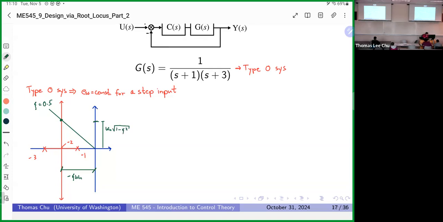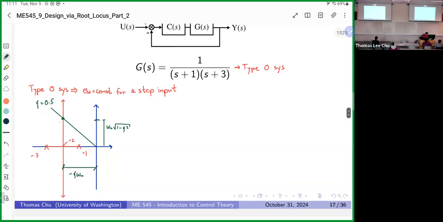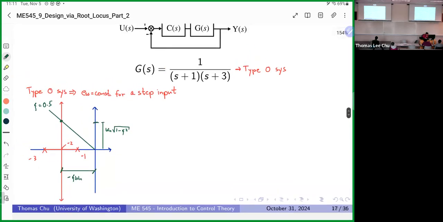We know the value of zeta, and we know the location of this root locus, so the closed loop pole on this line is going to be at -2 plus or minus omega n times the square root of 1 minus zeta squared times j, because the real part is at -2.